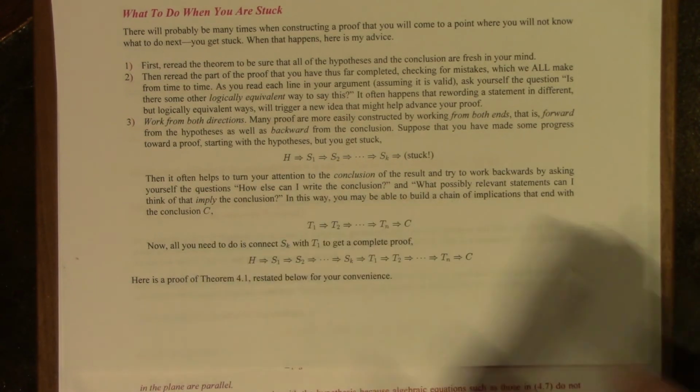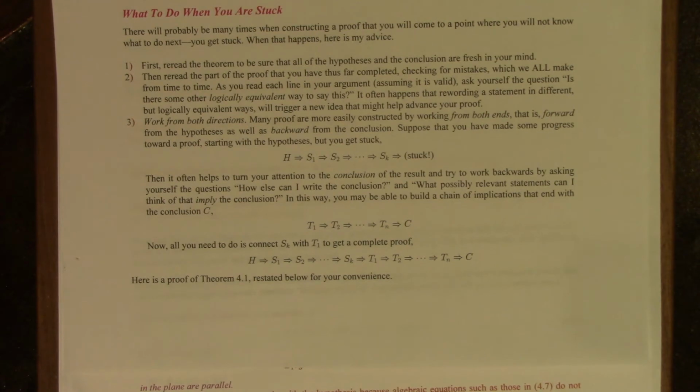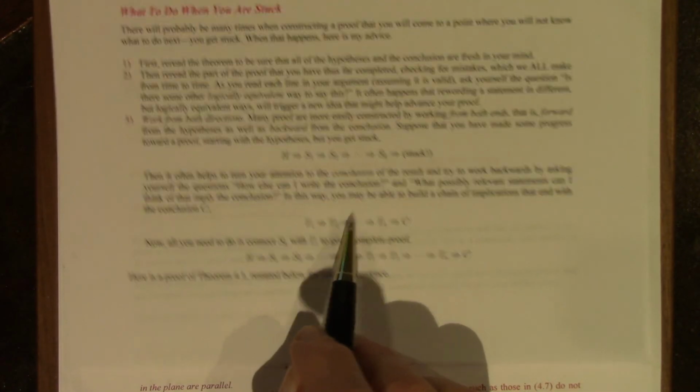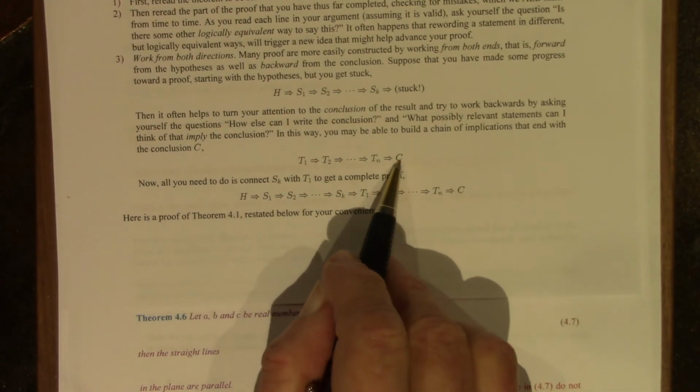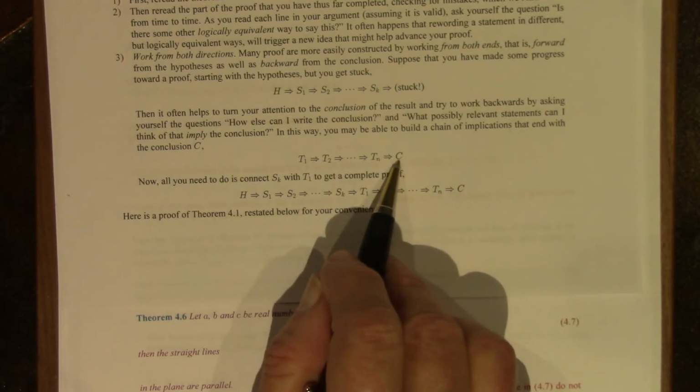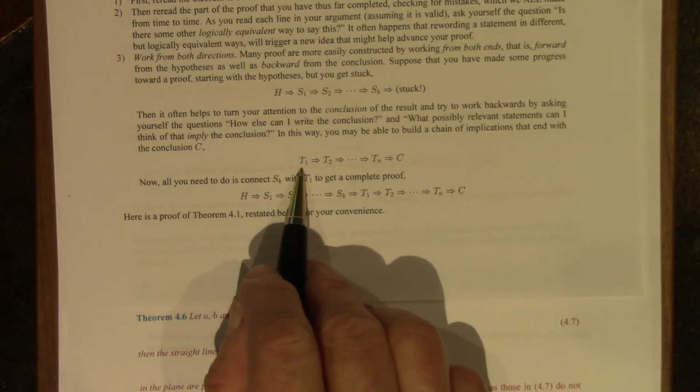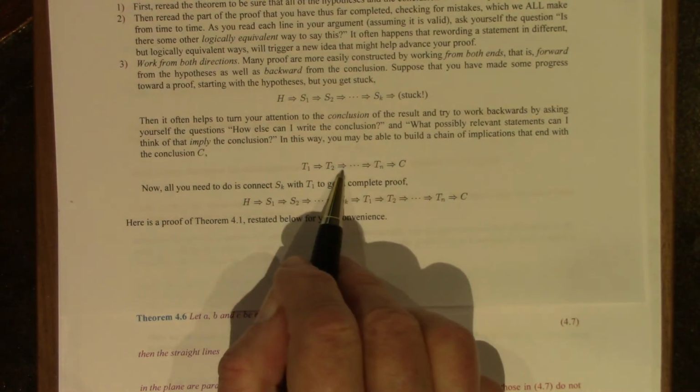Turn your attention to the conclusion and see if you can work backwards by asking yourself questions such as, how else can I write the conclusion? Or what possibly relevant statements can I think of that imply the conclusion? You might be able to build a chain marching backwards from the conclusion, and then all you need to do is connect these two chains.